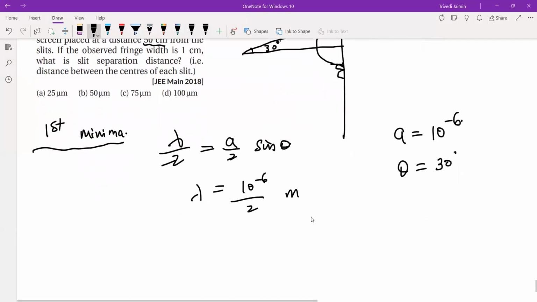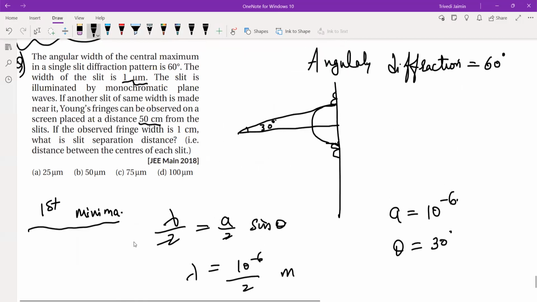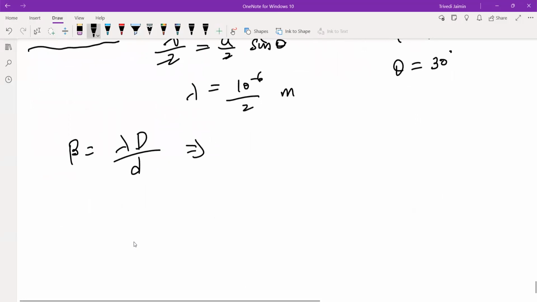Now for the second slit, beta value, same way, lambda D by d. So beta is the fringe width.